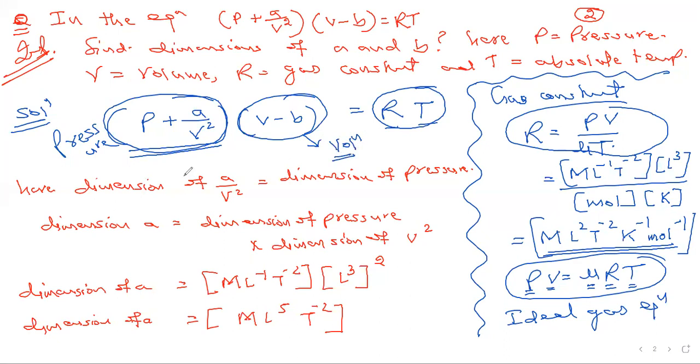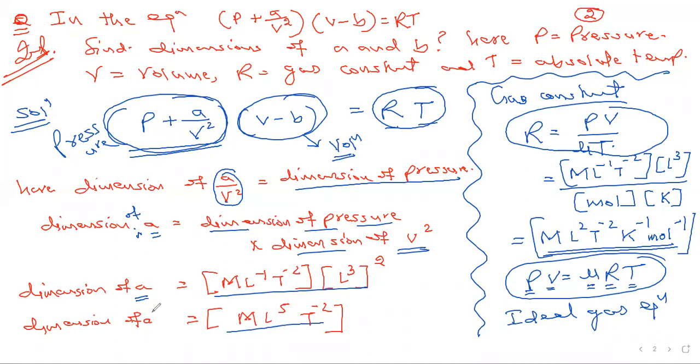So the dimension of A upon V square must be equal to the dimension of pressure. Now I reshuffled the term for V square. So the product of the dimension of pressure and the dimension of volume square is equal to the dimension of A. So the dimension of A is this and the result is this.